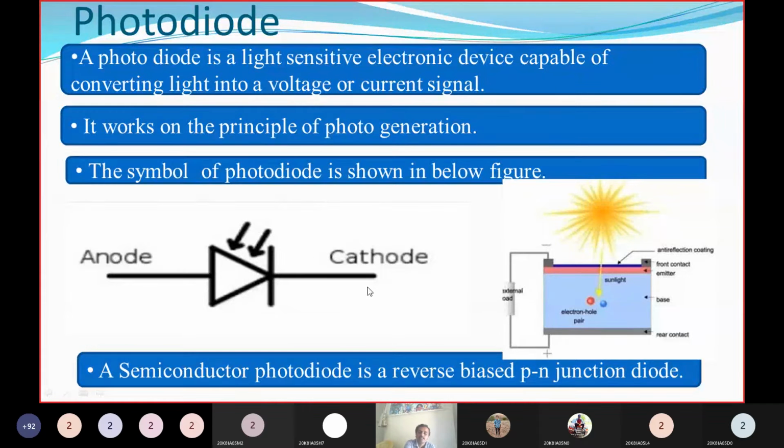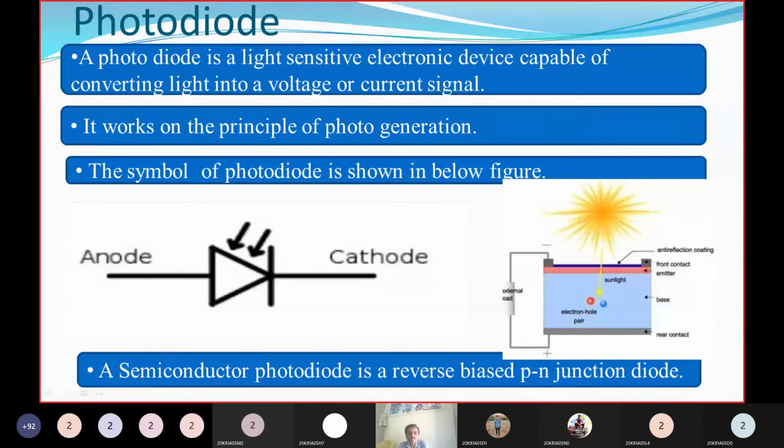This is the anode and this is the cathode. Observe this diagram: one terminal is connected to the anode and another terminal is connected to the cathode. We will discuss that deeply.